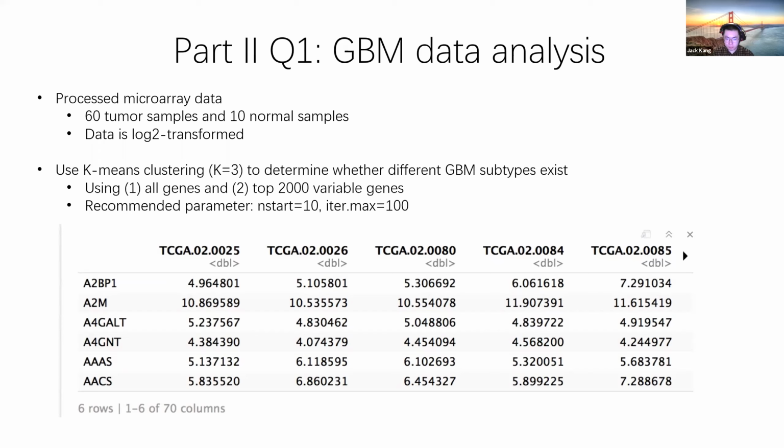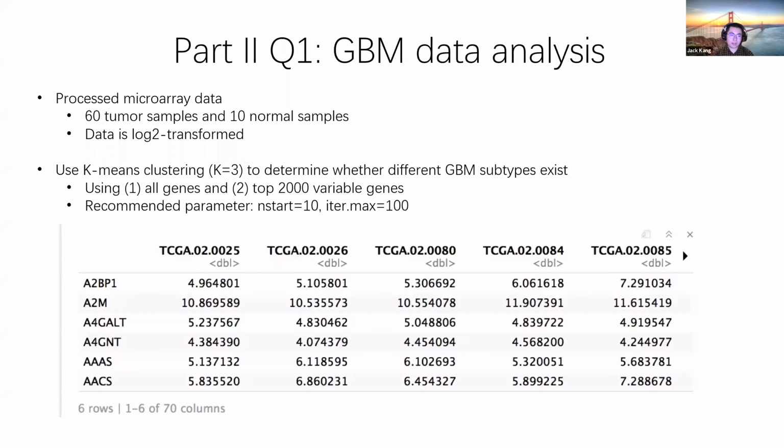If you do this clustering and you observe that the 10 normal samples always group to one cluster, and among the 60 tumor samples, some of them always group to one cluster and the others group to another cluster, this is an indication that different glioblastoma subtypes exist. You will be asked to use all genes and the top 2000 variable genes to perform k-means clustering.